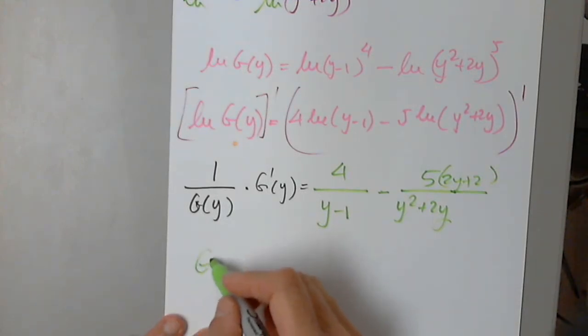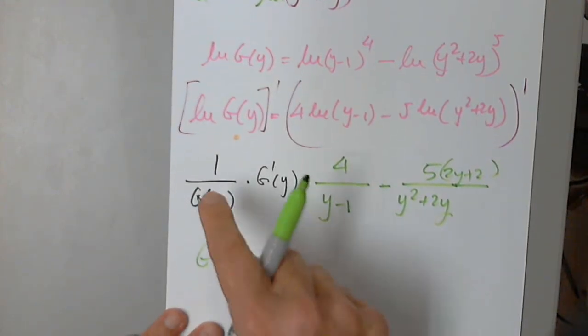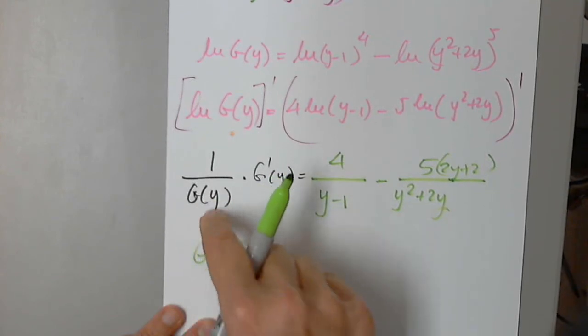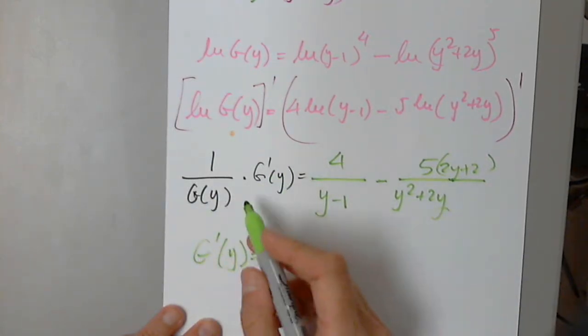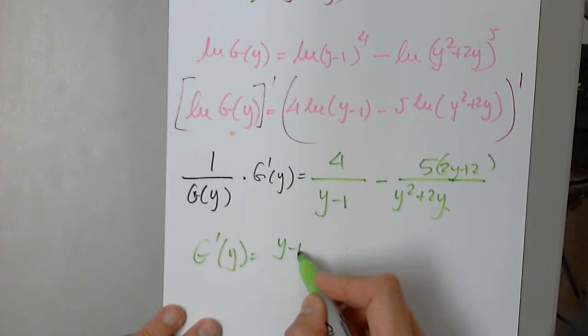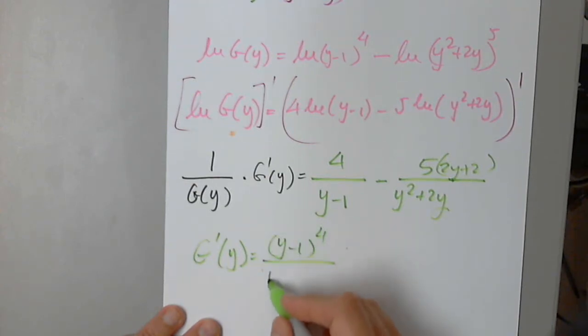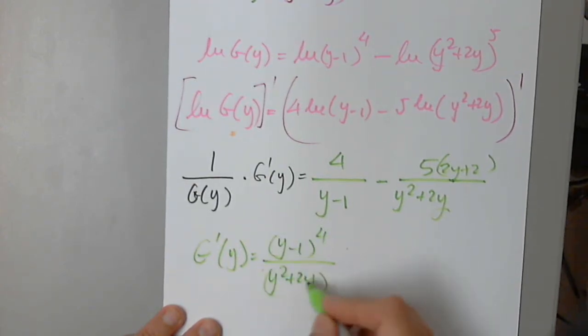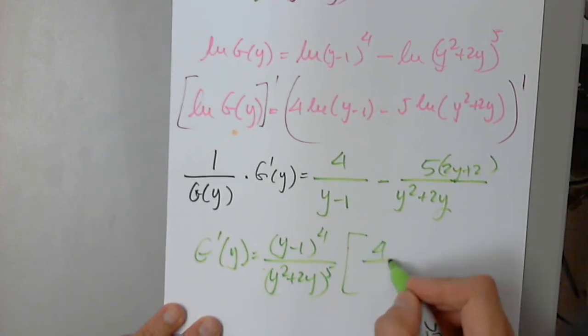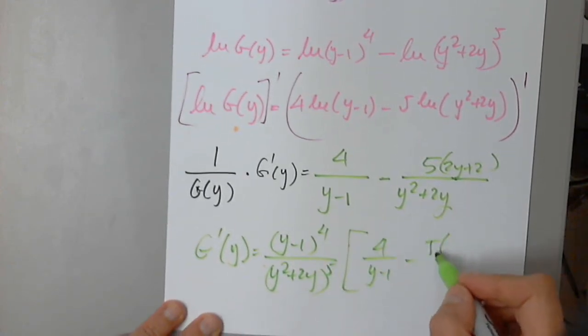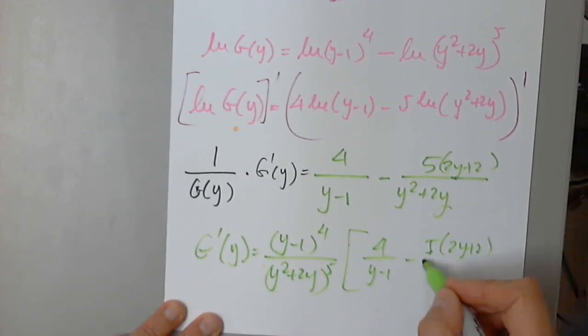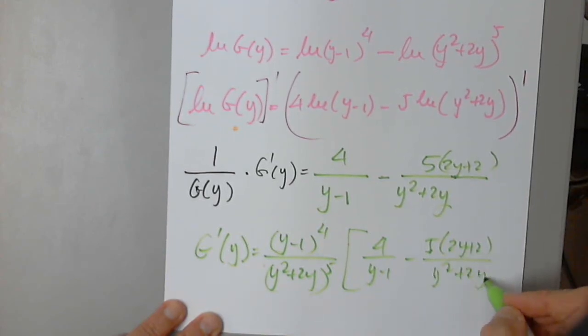So finally, g prime of y, I have to multiply by this. And the function g of y is the whole function, (y minus 1) to the 4th over (y squared plus 2y) to the 5th, times everything: 4 over y minus 1 minus 5 times (2y plus 2) over y squared plus 2y.